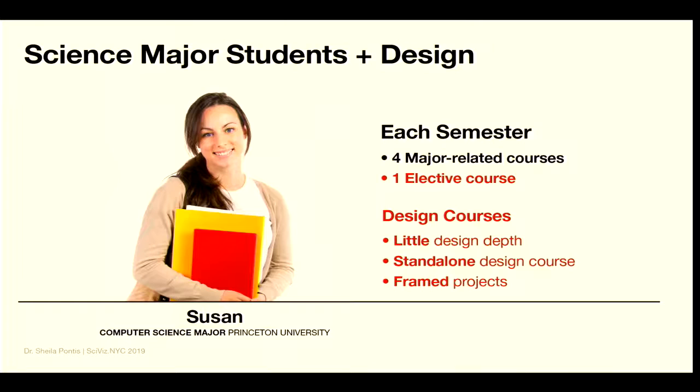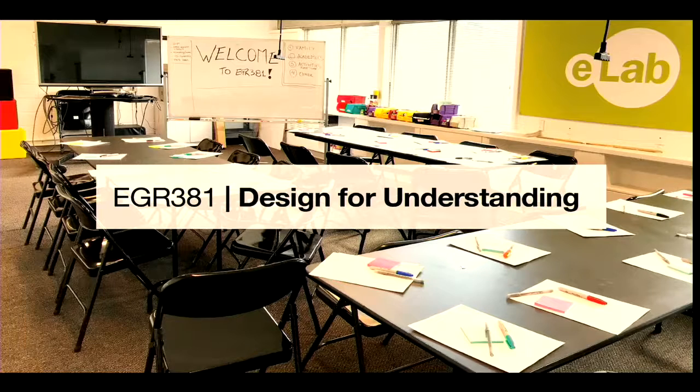So in this context, I created in 2015 this class called Design for Understanding, in which my goal was to teach science majors, actually students from across all departments at Princeton, from freshmen to seniors, how they could communicate science in a clearer way, either in their thesis, in their papers, or in day-to-day life, whatever they want to do.